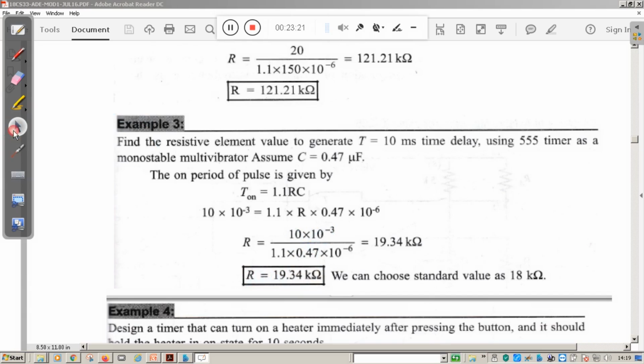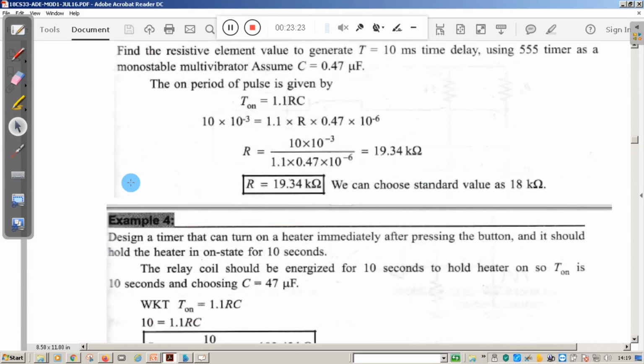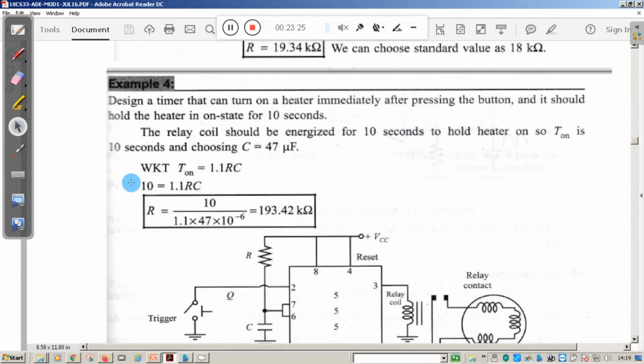We will move to the next problem now. Design a timer that can turn on a heater immediately after pressing the button, and it should hold the heater on for 10 seconds. So T1 is given as 10 seconds.